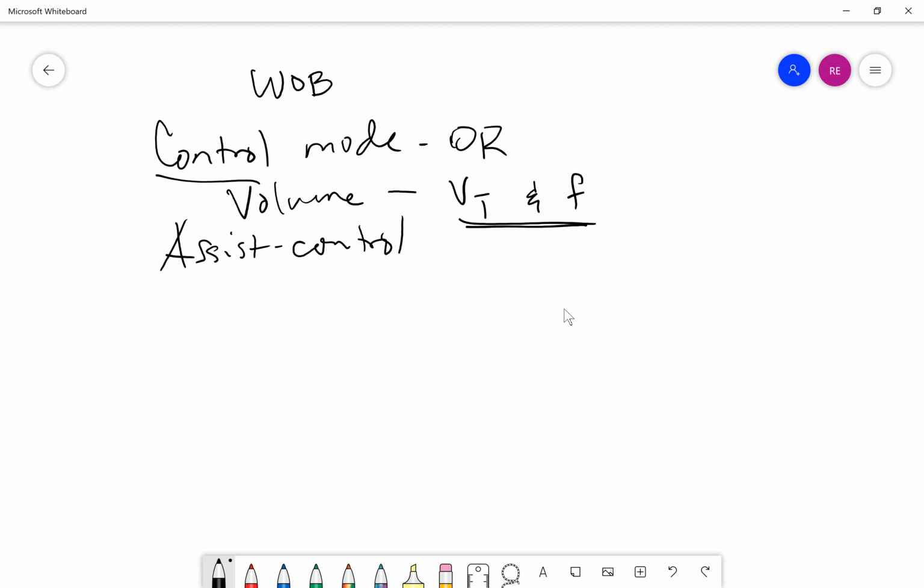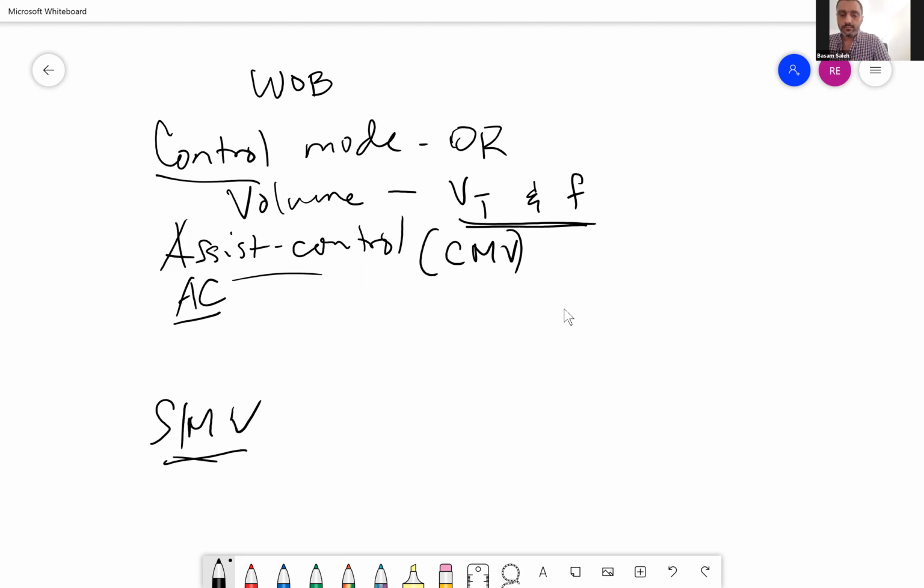So you have SIMV or assist control. Assist control is also called CMV, continuous mandatory ventilation. It's more commonly called assist control, or AC. On the vent you may see AC, and then SIMV.